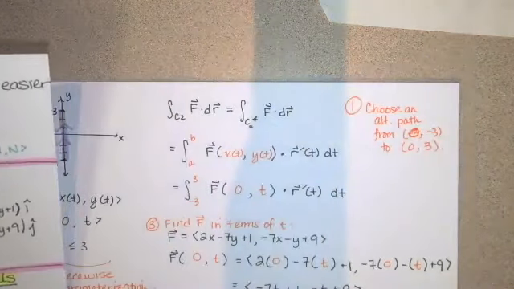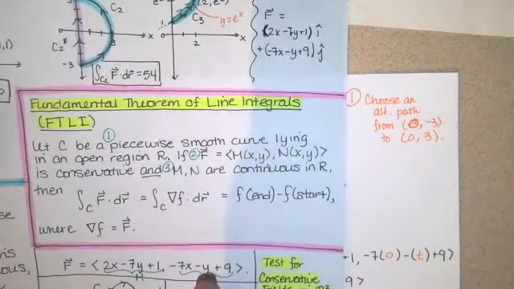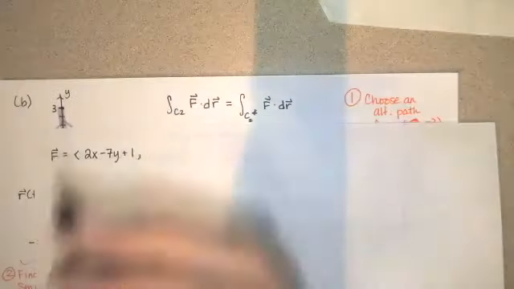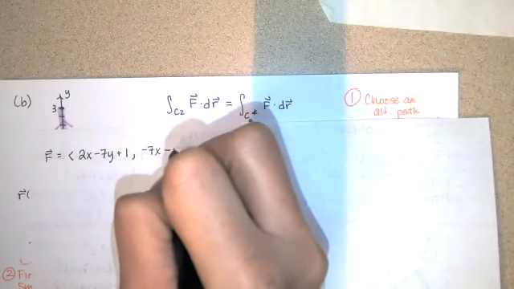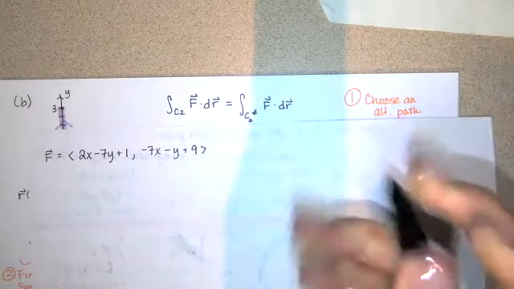Okay, so we know already that our field f is conservative, and f had this equation. Let me look it up. It was 2x minus 7y plus 1 times i hat plus a negative 7x minus y plus 9 times j hat.